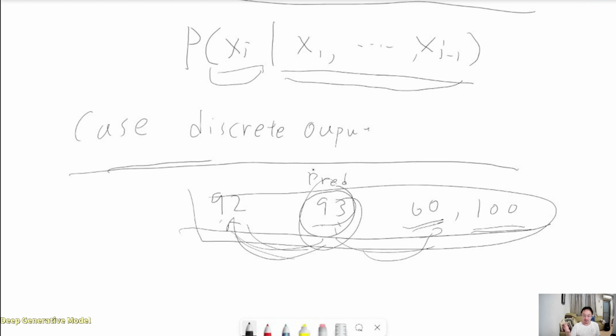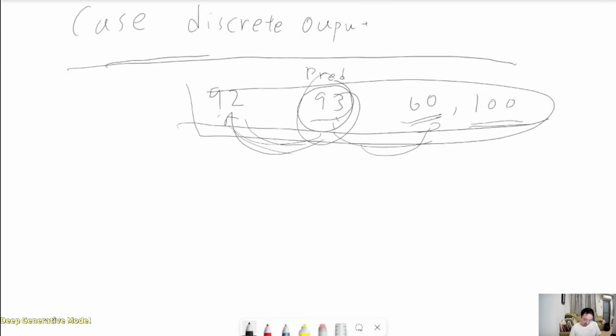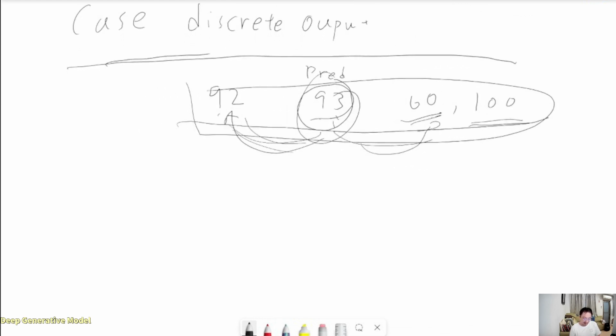Sometimes you also need to consider the structure of your input, but because the structure of the output is related to the loss function, I will argue that it is a little bit more important than the structure of the input. So for the first case, if your output is discrete, like a lottery or MNIST with 10 digits, although they are numbers, they are just symbols.